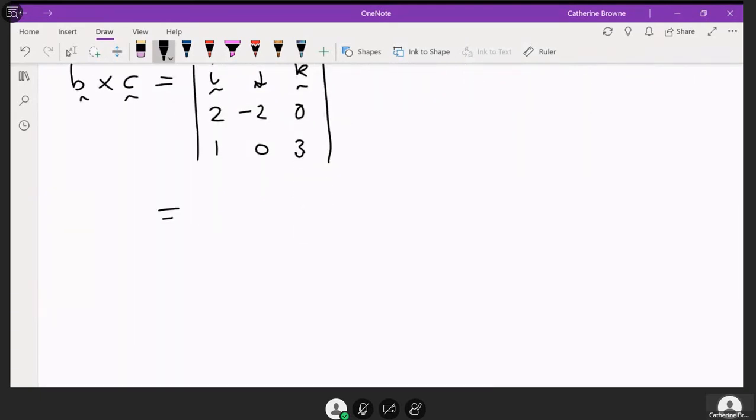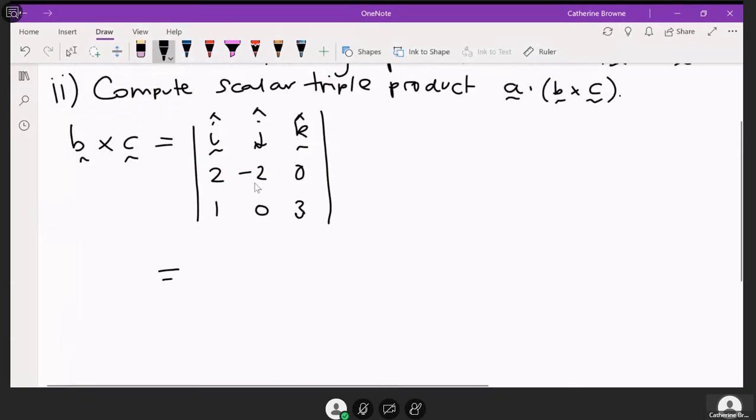So I'm going to find it like the determinant. I take away the first column, and I go minus 2 times 3 minus 0 times 0. So minus 2 times 3 minus 0 is minus 6i.